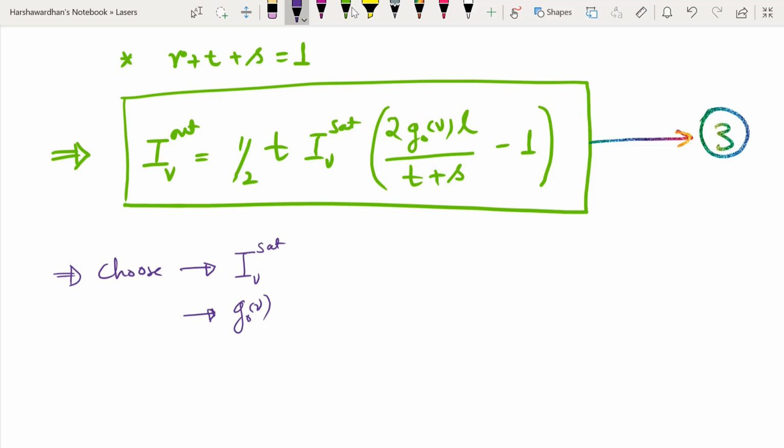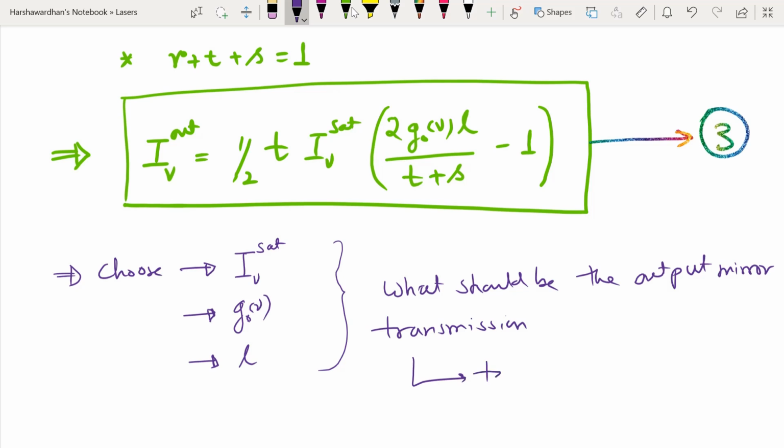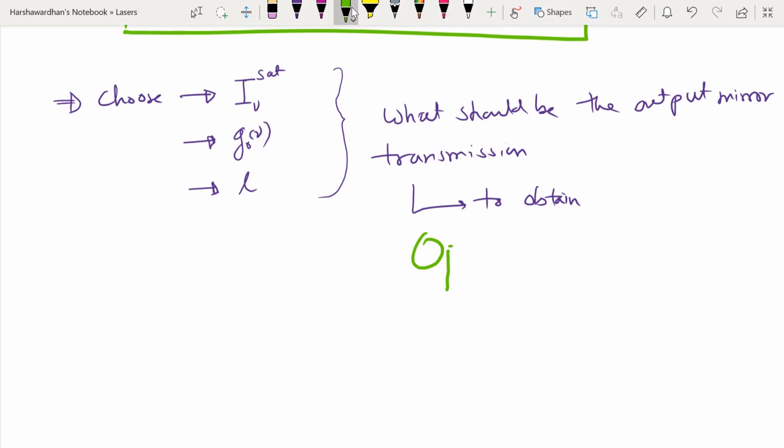My level scheme is fixed and the length of my gain cavity is fixed. So given all this, one is asking now what should be the transmission of the output mirror to obtain optimal gain, optimal output.